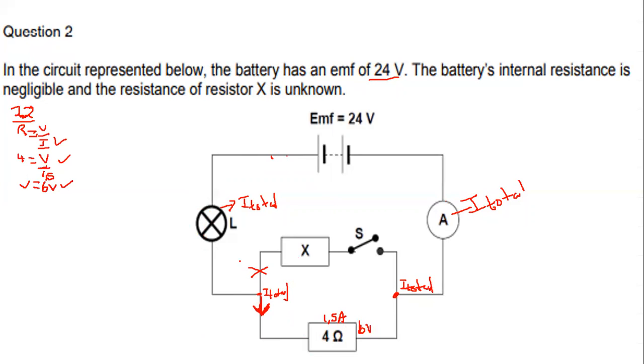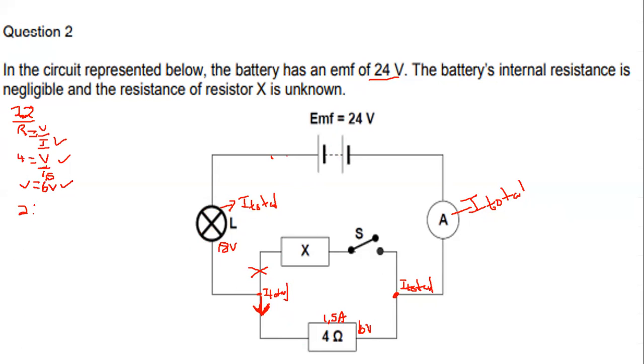It means this 24 volts must be used to overcome the resistance through the lamp and to overcome the resistance through the 4 ohm. In other words, if I used 6 volts there, definitely it means for lamp L, I have used 18 volts. How do I know that? The total voltage, I have 24. So if I use up 18 there, then I'll be left with 6, and I use up the 6 volts there, and I don't have to use it anywhere else.